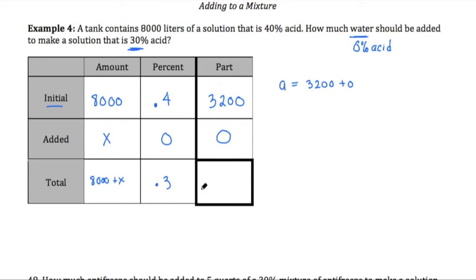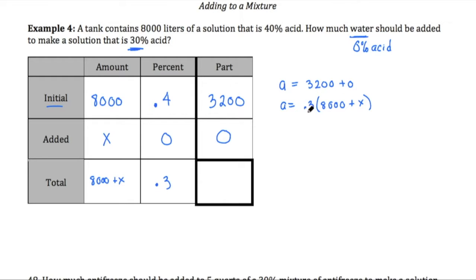We can also look at it from the percent we want times the volume that we want. So our acid is also equal to 0.3 times 8,000 plus x. Now, some of you might end up skipping the step where we write each of these equations separately, but this is our system of equations where the amount of acid, A, is equal to 3,200 plus nothing that we've added.